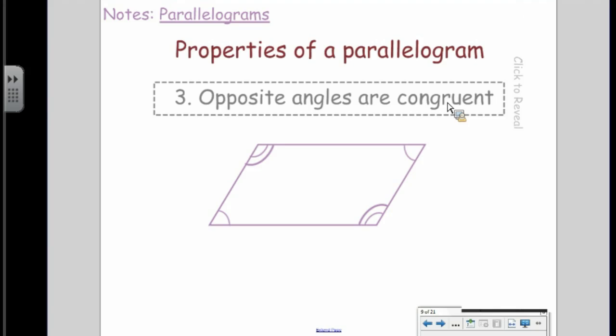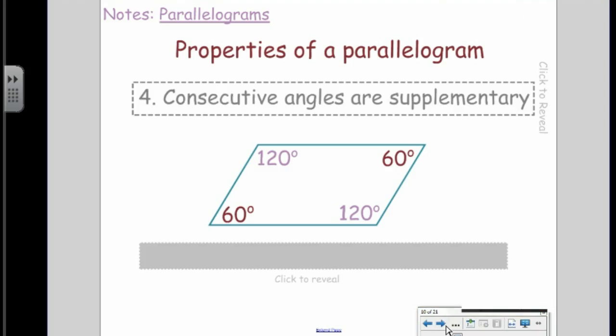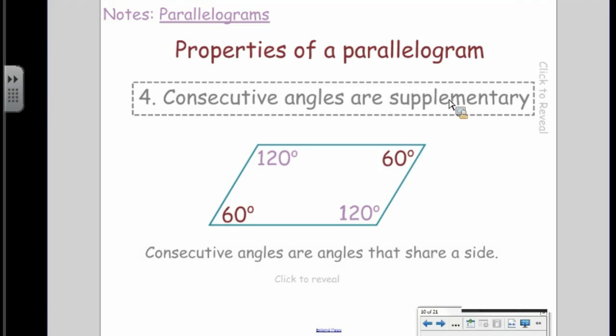Property number 4, this was the one that was kind of hard to put into words. Technically, how we say this property in this class is consecutive angles are supplementary. And we'll talk more about that in a minute. Consecutive angles are supplementary. Write it down. Consecutive angles are the angles that share a side.